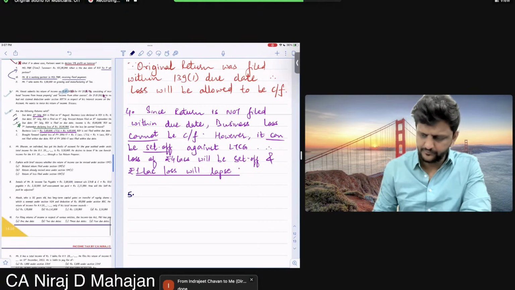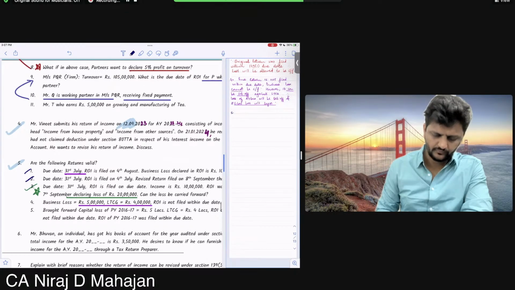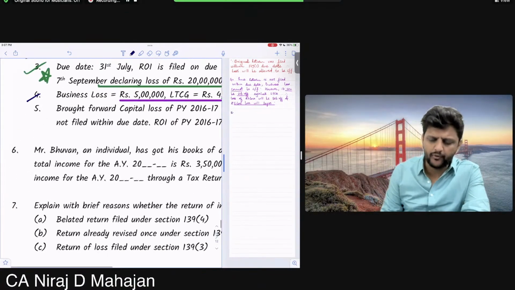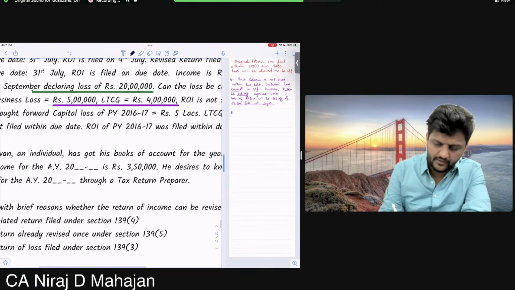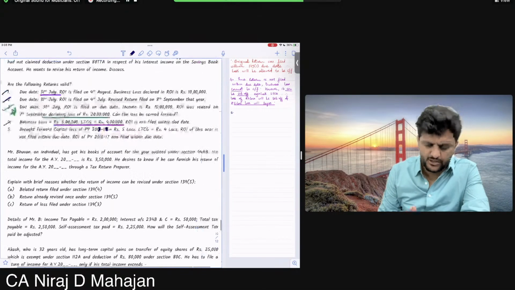Fifth one, ready? Brought forward capital loss of PY 17-18, 5 lakhs. LTCG 4 lakhs.